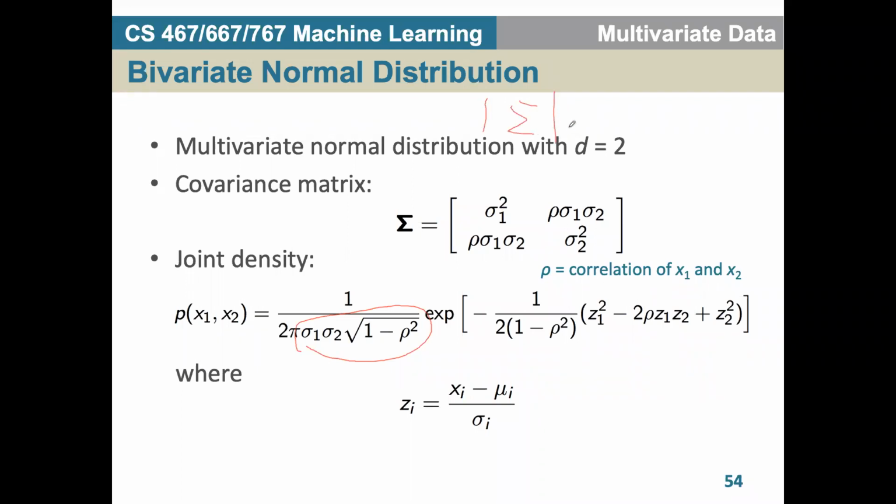What is the determinant of sigma? This is AB minus CD. AB multiplied together is sigma 1 squared sigma 2 squared, minus CD. CD is rho sigma 1 sigma 2 times rho sigma 1 sigma 2, so everything squared: rho squared sigma 1 squared sigma 2 squared. And then remember, we have a 1 over square root in the Gaussian distribution on this side, so that's why we finally have this square root taken out.